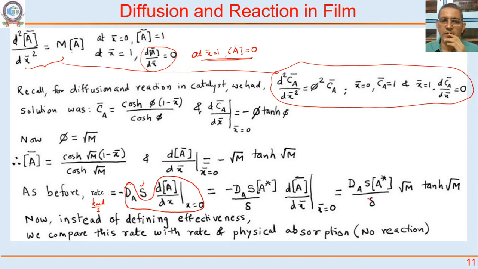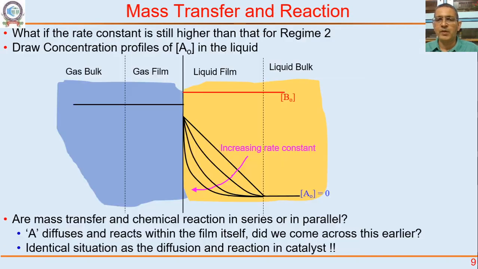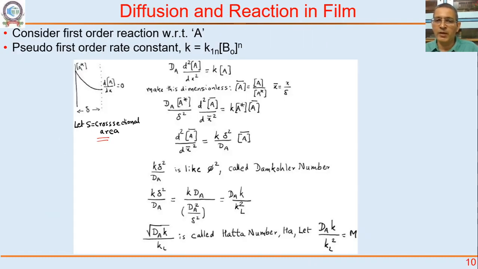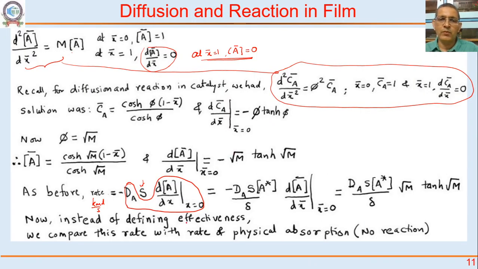You would get this. Now instead of defining effectiveness, where in the catalyst pellet we said the concentration was A star everywhere, the maximum possible when diffusion limitations are not there, what we will say is: what would have been the mass transfer rate in absence of reaction, which means if there was physical absorption occurring, how much A would have got absorbed.